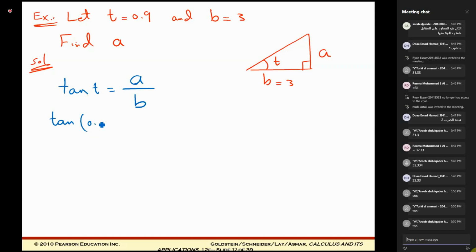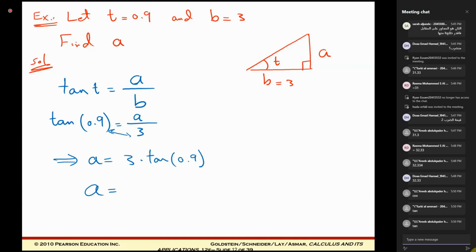So tan of 0.9 equals A over 3. So the value of A equals 3 multiplied directly by tan 0.9. So the value of A equals what?